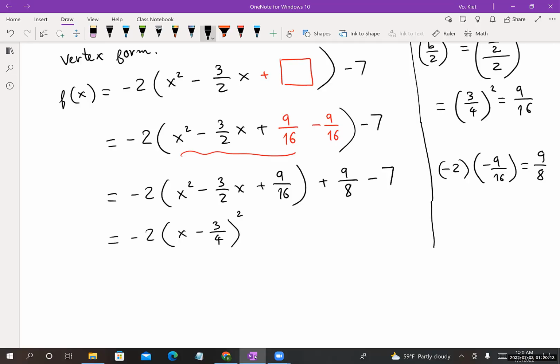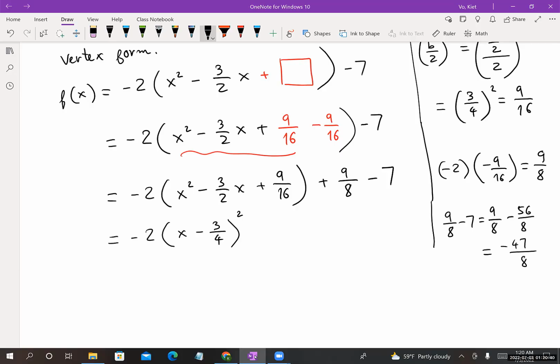I would have to get a common denominator of 8. So the 7 would turn into 56/8. That gives us 7, right? So 9/8 subtract 7 is 9/8 subtract 56/8. Well, 9 subtract 56 would give me -47/8.